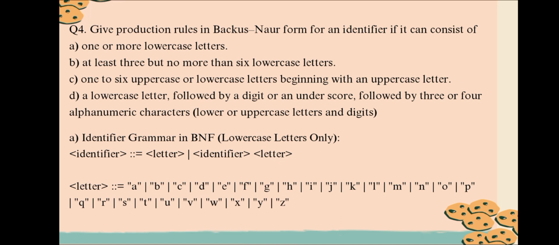We are given the identifier for the first question. We have to write lowercase letters only. So we write identifier and we write lowercase letters. And in the second question, we write identifier for at least 3 but not more than 6 letters.